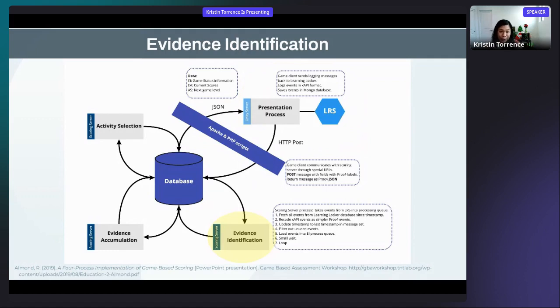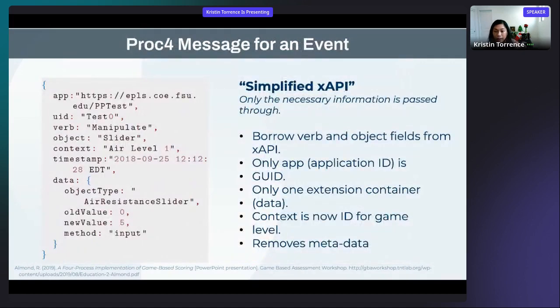It filters out all of these unused events, and then it loads events into the process queue. And to kind of touch on that, Newton's Playground used proc4 messages, which is essentially sort of the simplified version of xAPI statements. And it's really just to lighten the load and only pass through the necessary information that the game client needs to then inform gameplay.